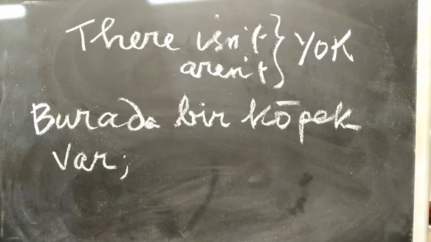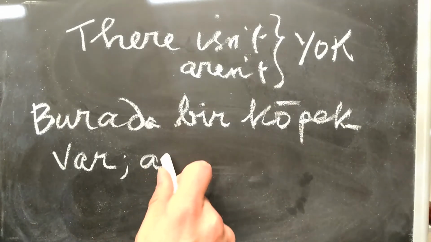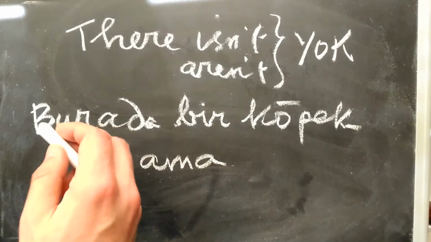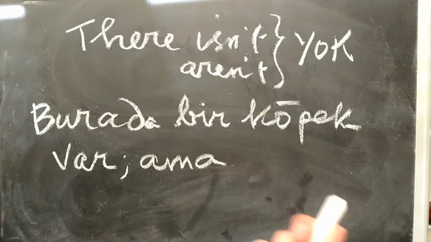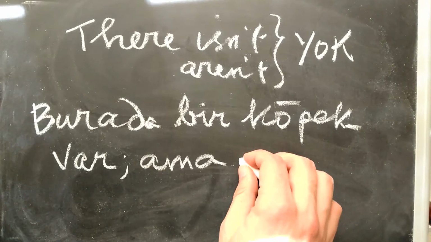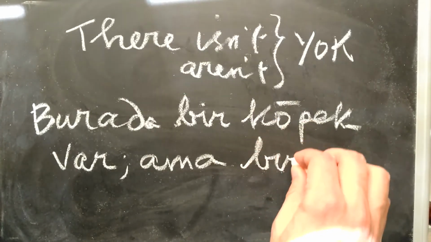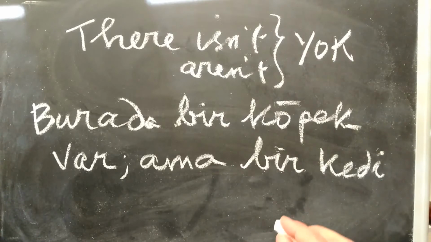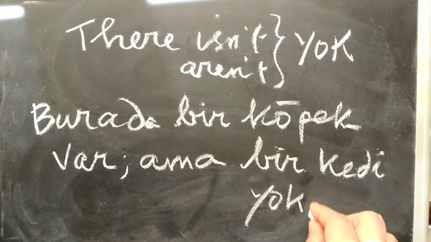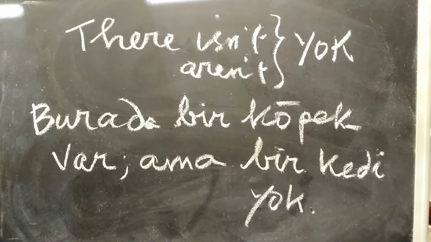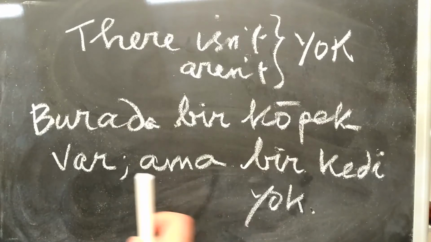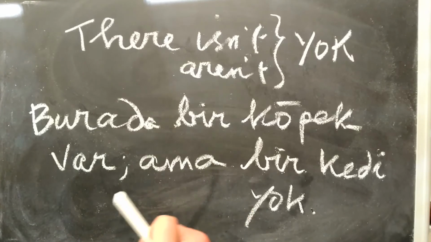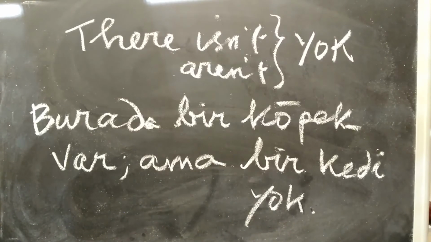But, ama, there isn't a cat. Ama, a cat, bir kedi. Bir kedi, there isn't. Yok. Okay. As you see, I used both var and yok in the same sentence. Over here, there's a dog, but there isn't a cat.